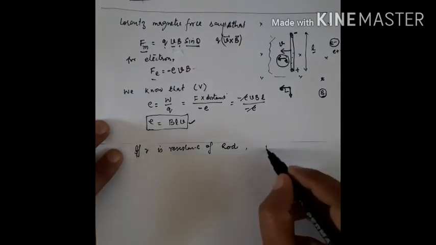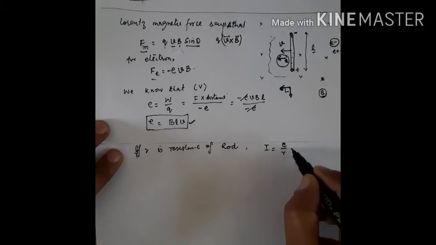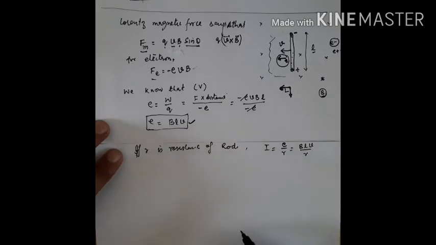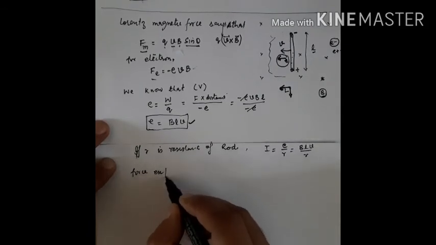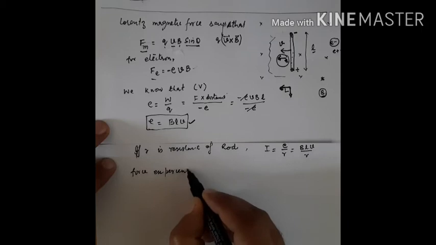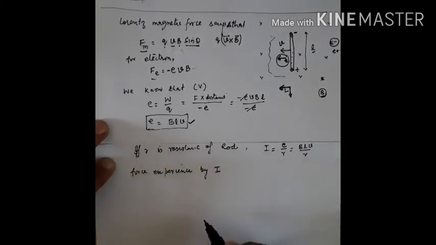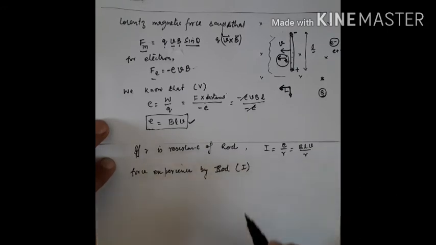The current will be the induced EMF divided by the resistance, so it is BLv divided by R. Now, what is the force experienced by this rod, the current carrying rod carrying a current I?